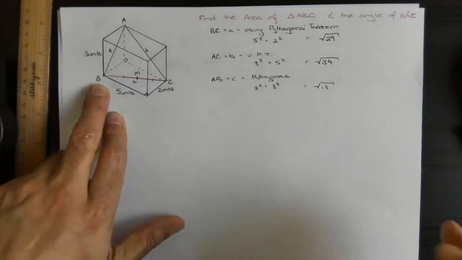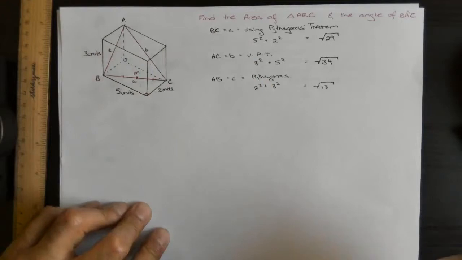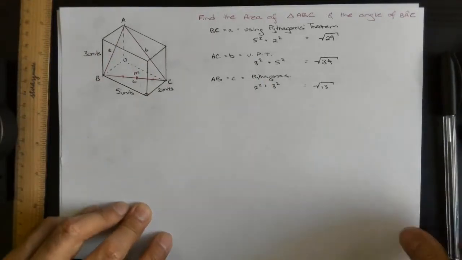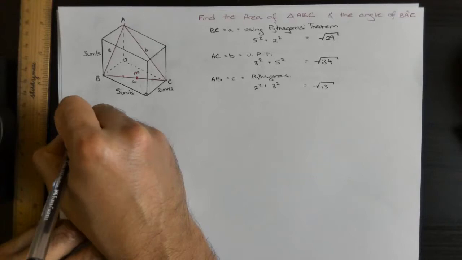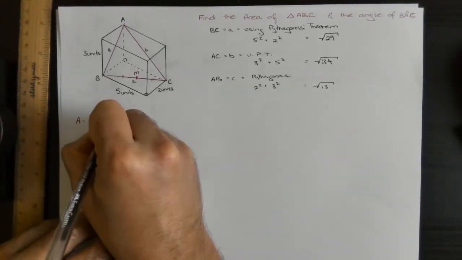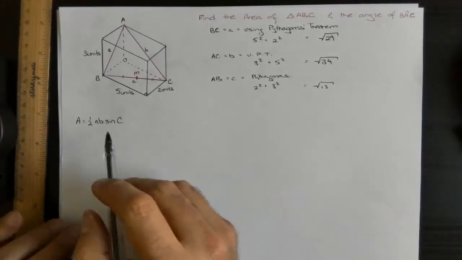Okay. If we want to calculate the area of a triangle, this is using non-right angle triangles, the formula was area equals a half ab sine C. Let's just use these letters.